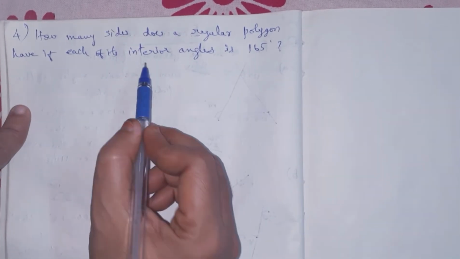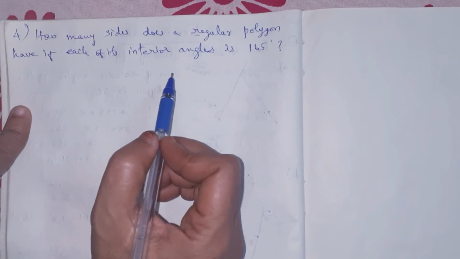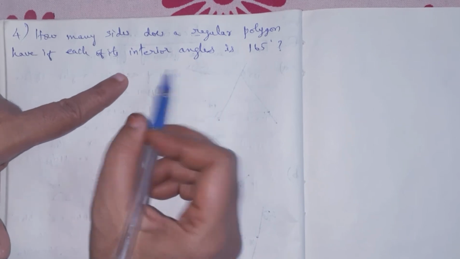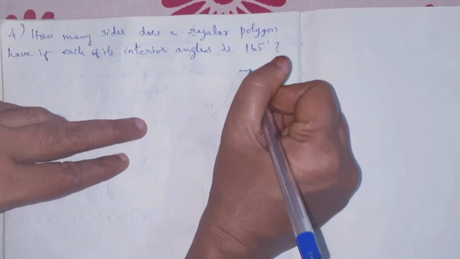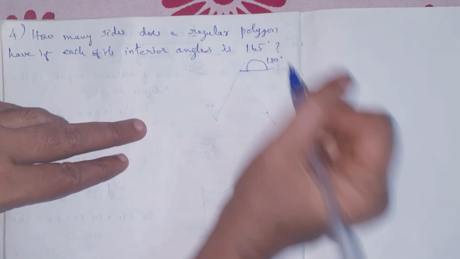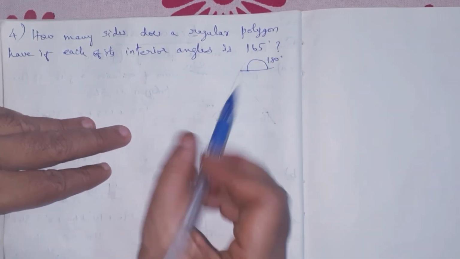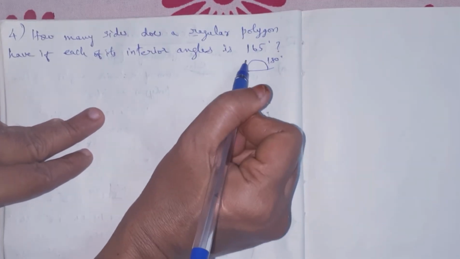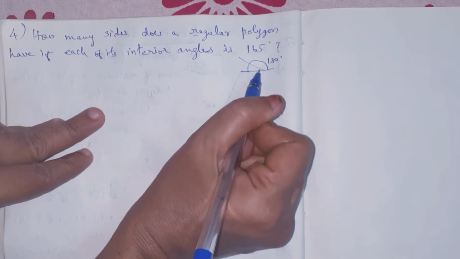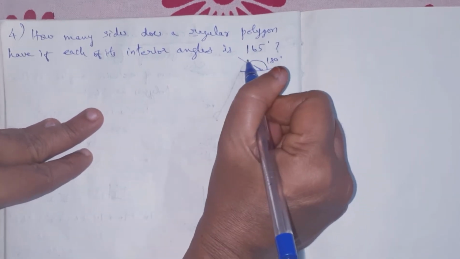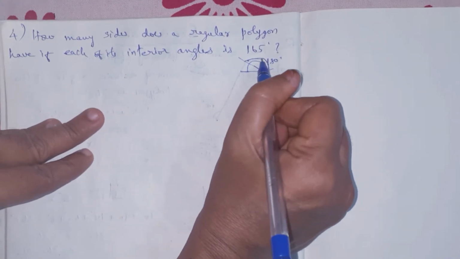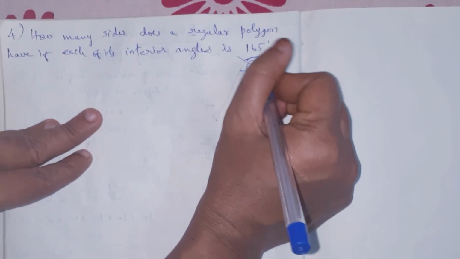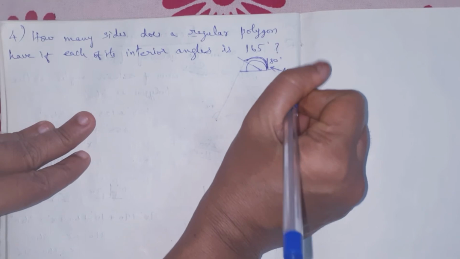We know that the sum of the exterior angles is 360 degrees. Given the interior angle, a straight angle is 180 degrees. Here the interior angle is 165.